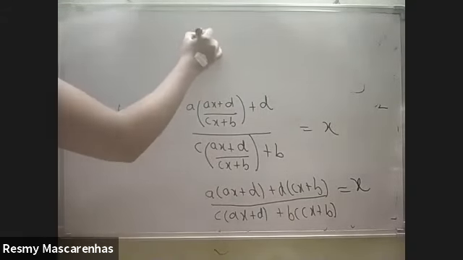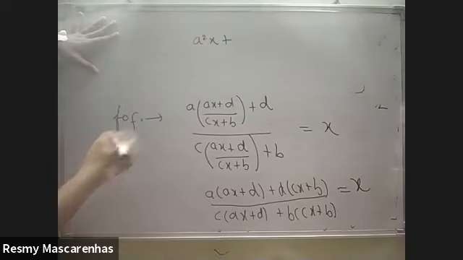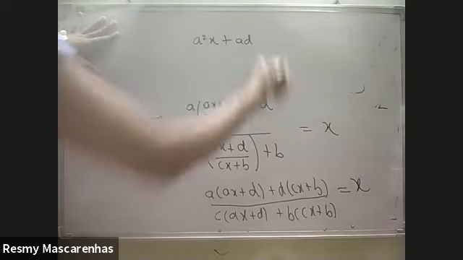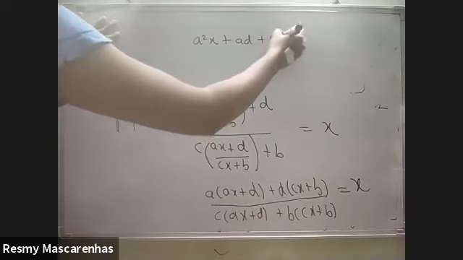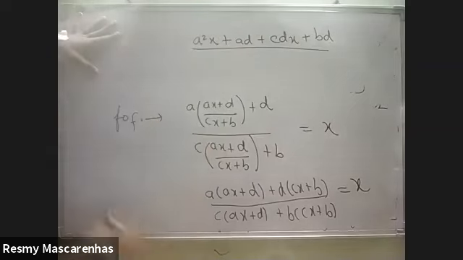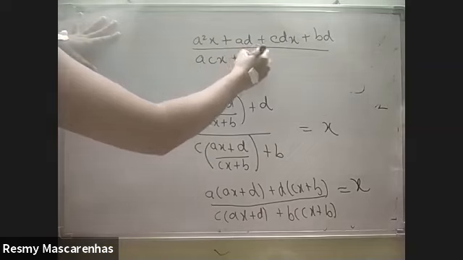So a square x plus ad, plus, upon acx plus cd.